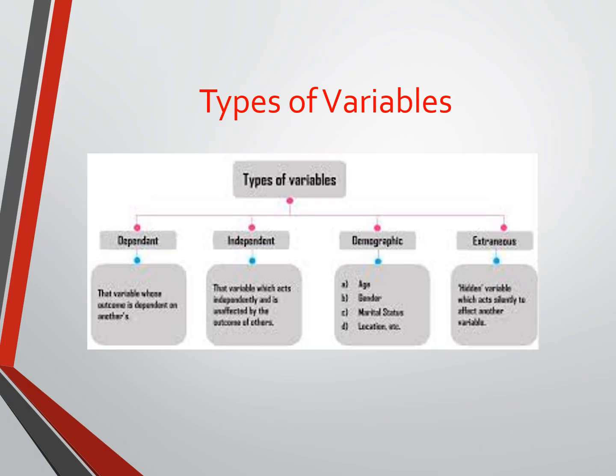In every commercial and social science research study, we are supposed to give the demographic details: what is the age group of the sample, what gender we have tried to look into, and that way. Then extraneous is the hidden variable which is already affecting the other parameters.